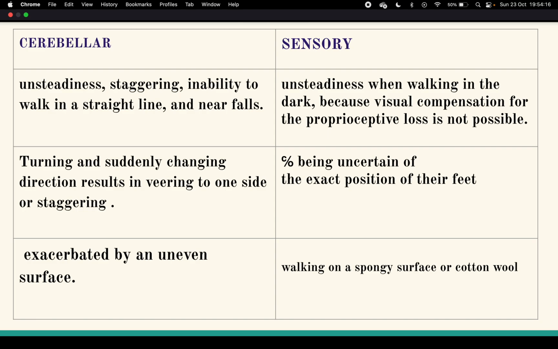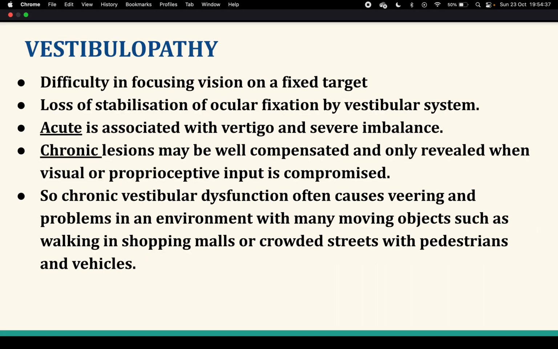Whereas in sensory, he will complain of being uncertain of the exact position of the feet. Cerebellar pathology is exacerbated by an uneven surface, and sometimes sensory also. But in sensory it is more, and the patient will tell you he feels like he's walking on a spongy surface or cotton wool.